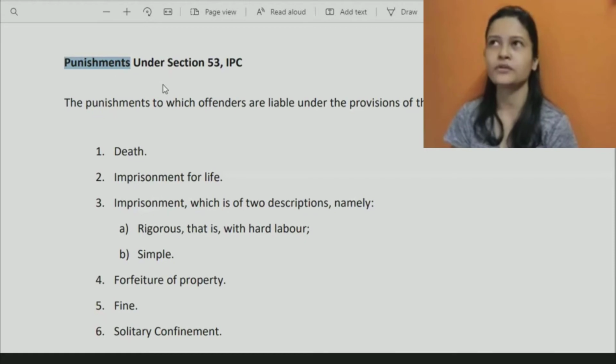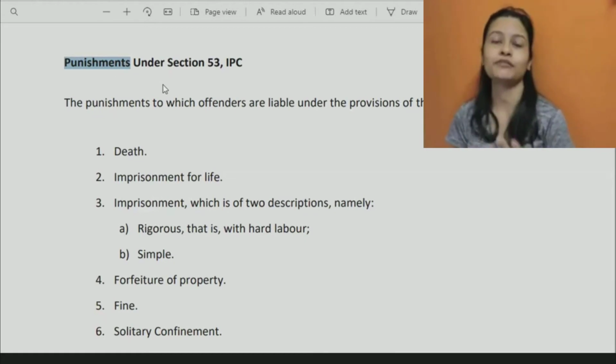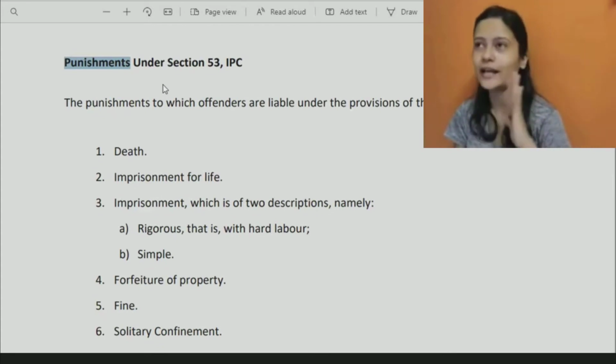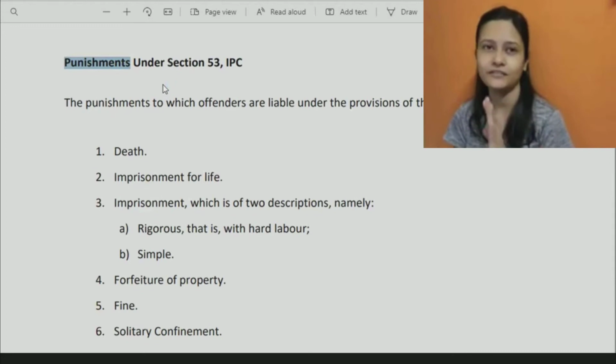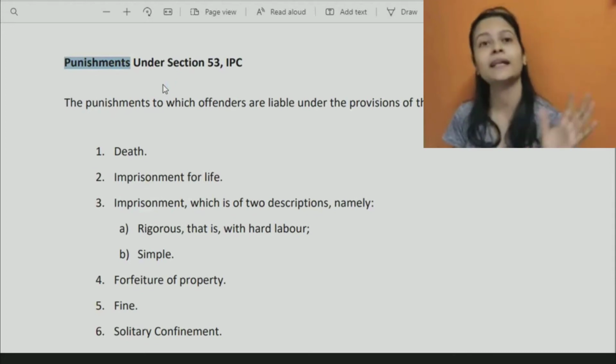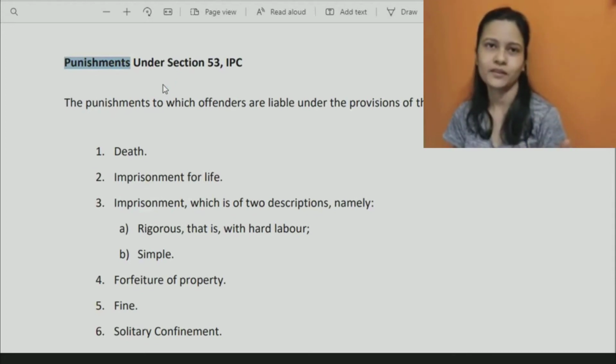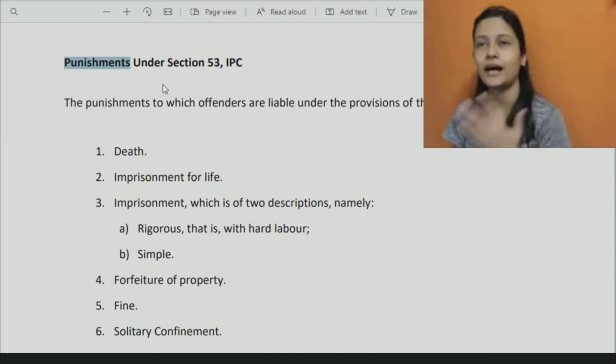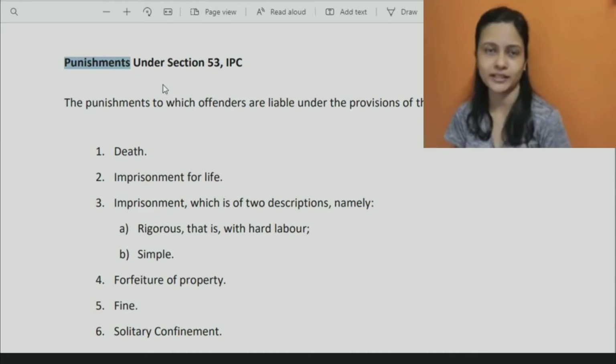Correct. We want to set an example. That is why we even have the death penalty, that in rarest of rare cases, which are very severe, very heinous, death penalty may also be given. It will be an example that if you commit something like this, this will be the punishment.